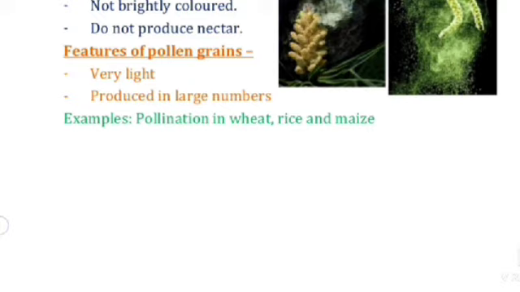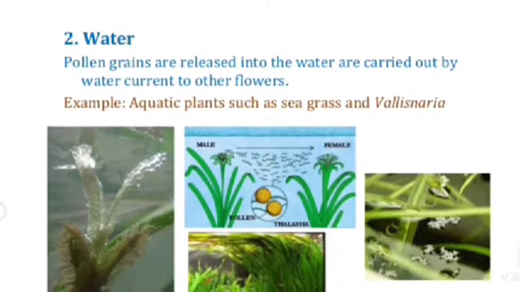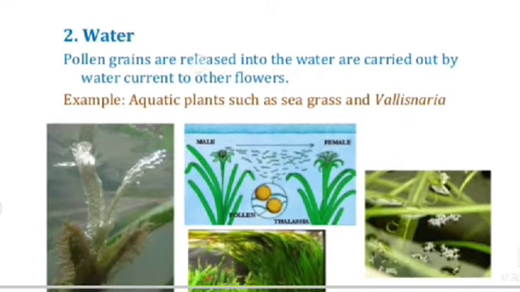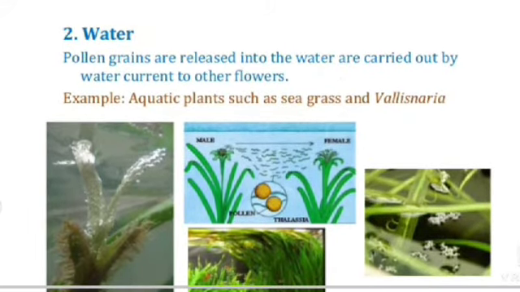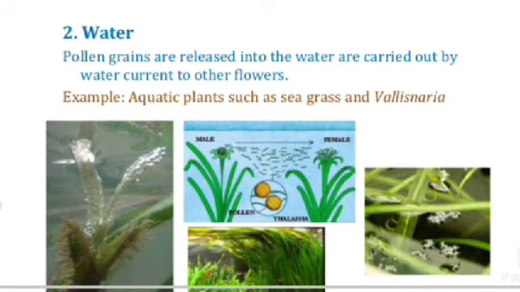Examples: pollination in wheat, rice and maize. Water: pollen grains are released into the water or carried by water currents to other flowers. Examples: aquatic plants such as sea grasses and Vallisneria.